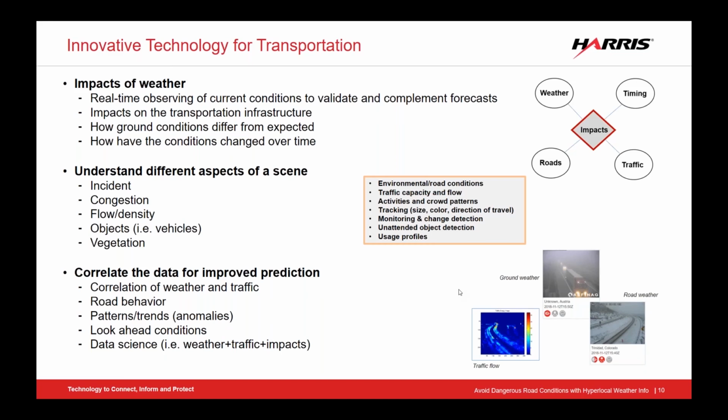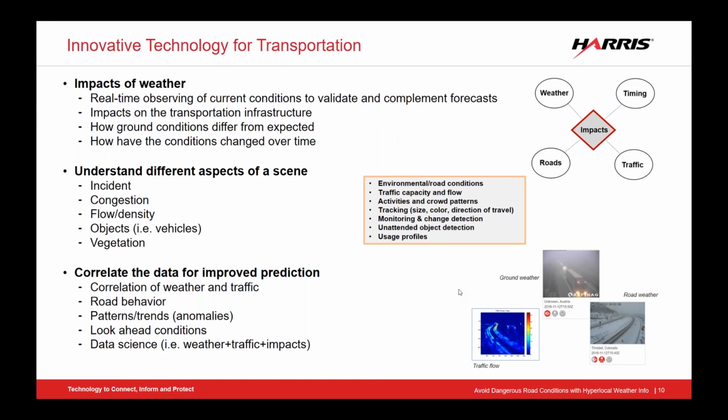We believe that there needs to be more granular foundational data. So we've started at the foundation, but we think that's the building block for actually improving current forecasts, and also for better validation of forecasts, and also in the creation of new types of prediction. So the correlation of weather and traffic, road behavior, right?